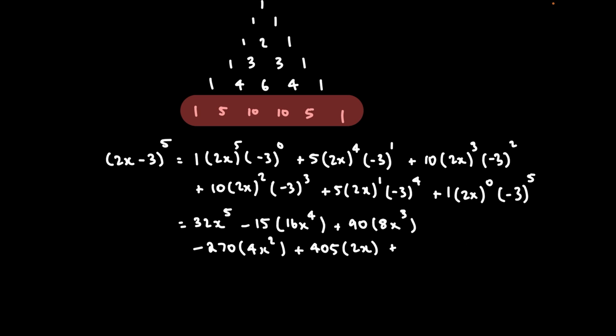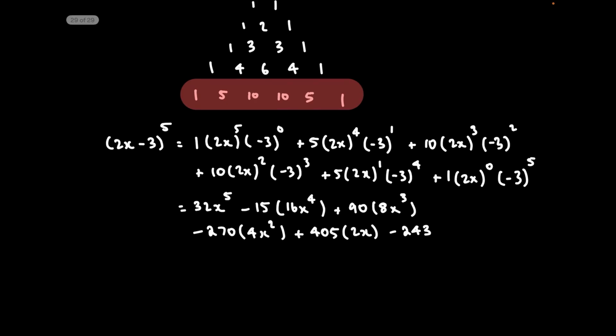So 3 to the power of 5 is 81 times 3, which is 243. So minus, in this case, because it's a power of odd integer, minus 243 to the power x to the power of 0 in this case, which just simply simplifies to minus 243.